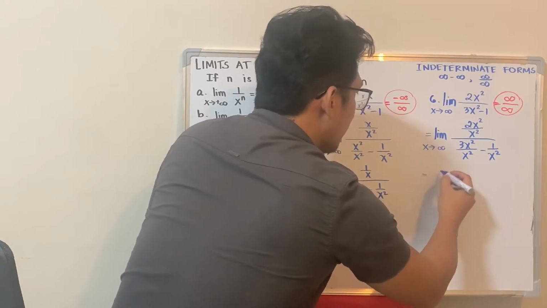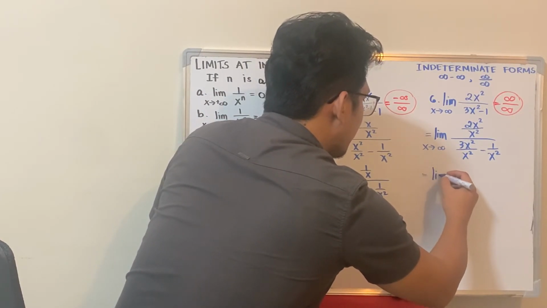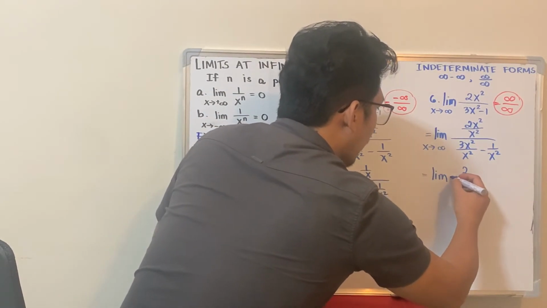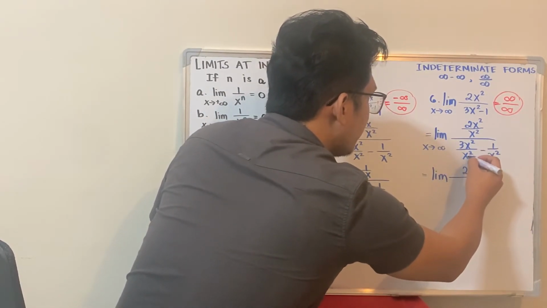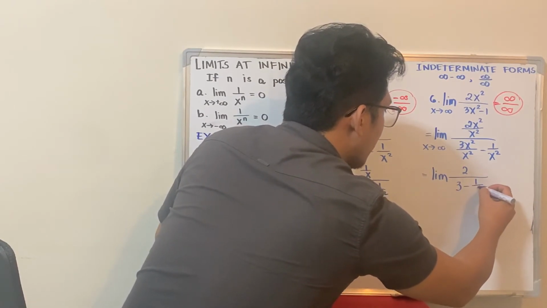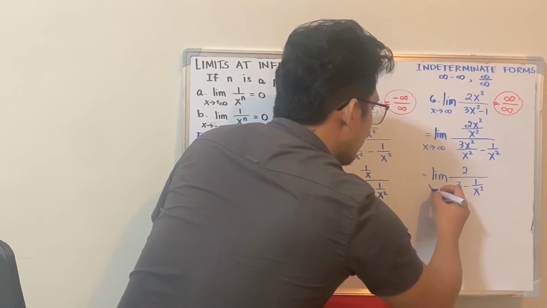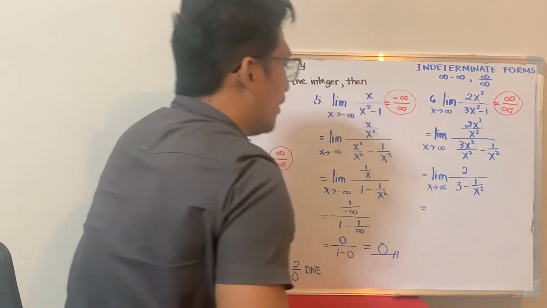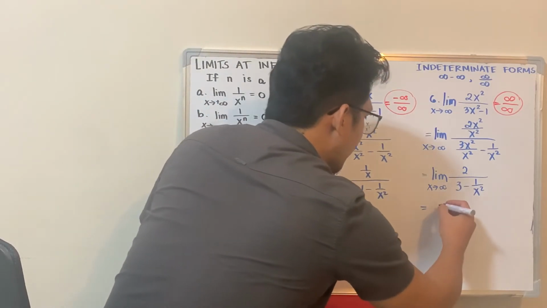Again, consider the highest exponent. Simplifying, 2x squared over x squared is just 2, all over 3x squared over x squared is just 3, minus 1 over x squared, as x approaches infinity.